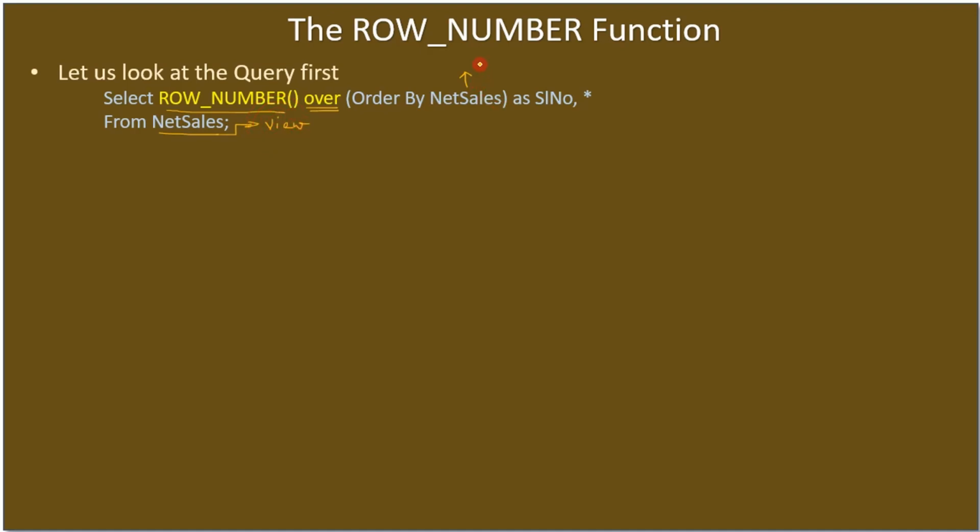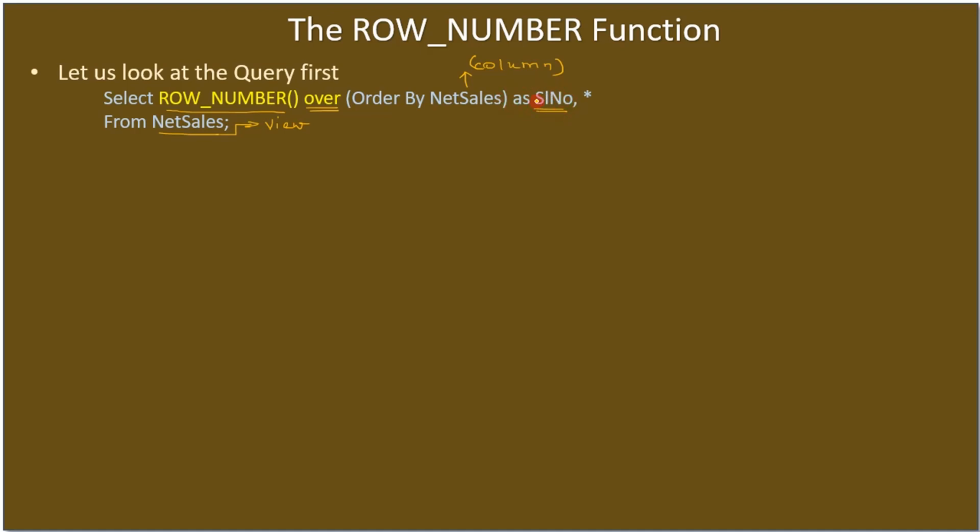Here it is the view, and here it is a specific column on that view. So SELECT ROW_NUMBER OVER ORDER BY net sales as serial number. This is the alias name we are giving.